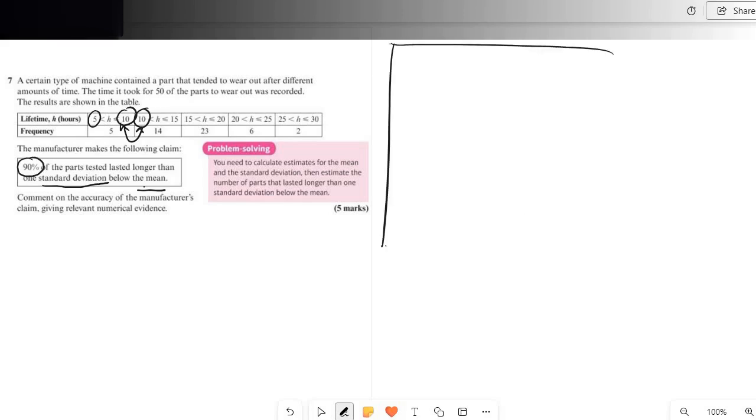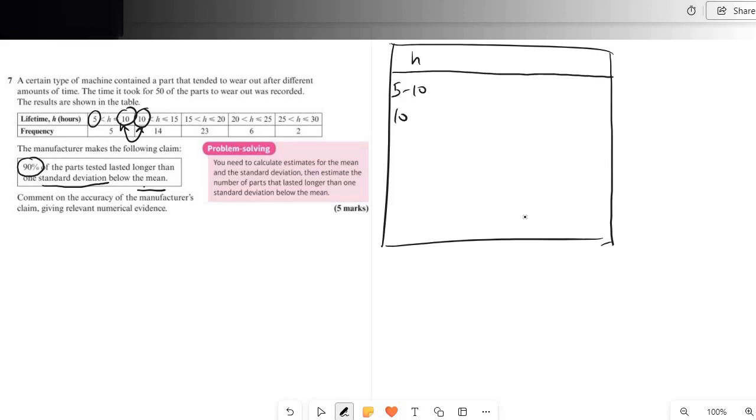First of all, let us tabulate this vertically. So we have H here being 5 to 10, 10 to 15, 15 to 20, 20 to 25, and then 25 to 30.